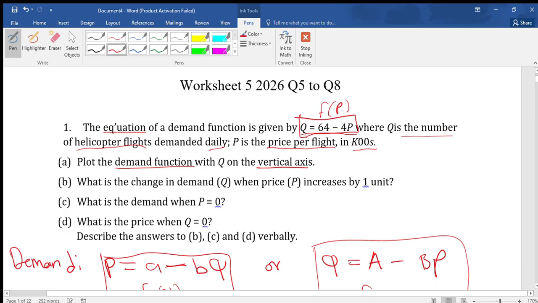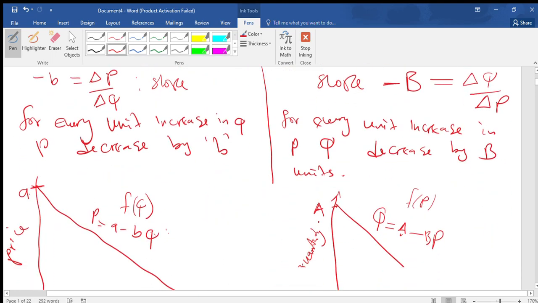So this is a straight line, and we know that when it comes to a straight line, as in the previous example, if you want to sketch it you can just come up with 2 points. So what is our demand function?